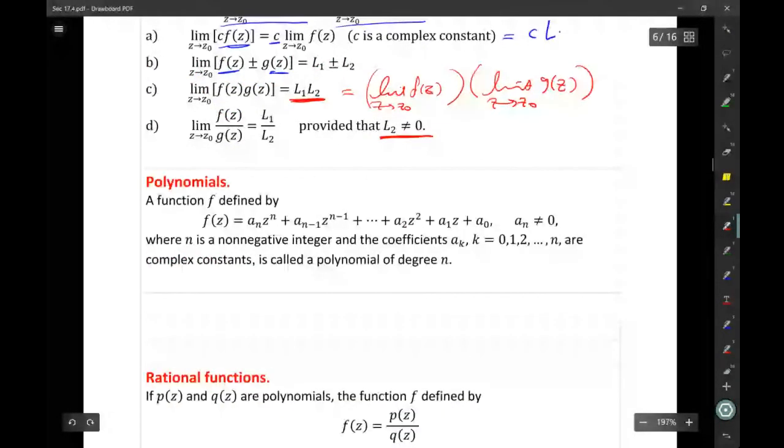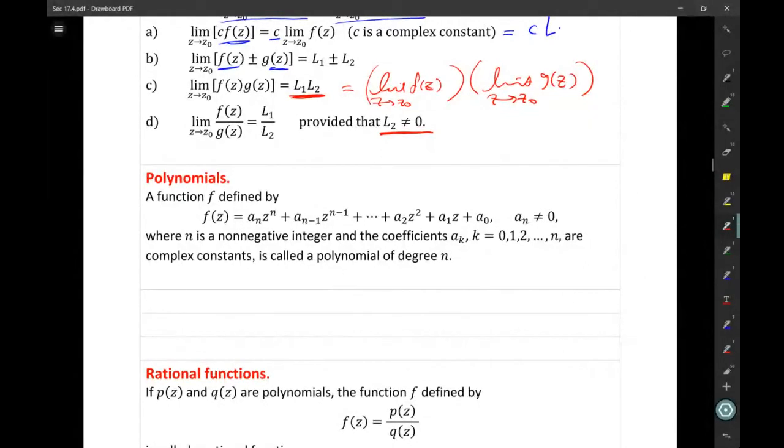Now, for any function of a complex number defined as a polynomial, finding the limit is just a matter of substituting the complex number z naught. It is the same as the limit in calculus.